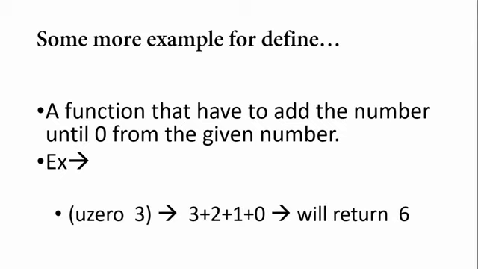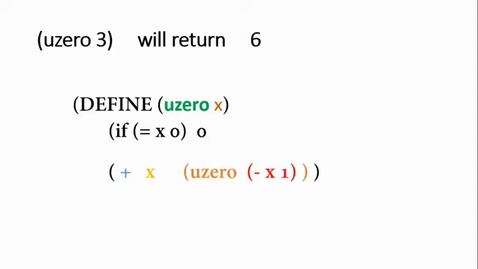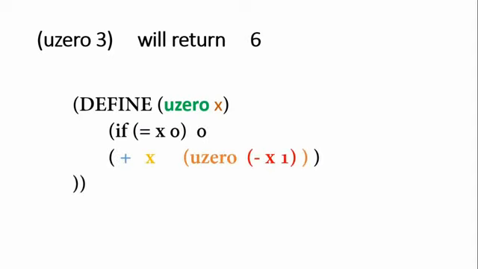So let me see how to create the code for this. Let's see. So here is my code. I am giving my function name as u0 and my parameter as x.